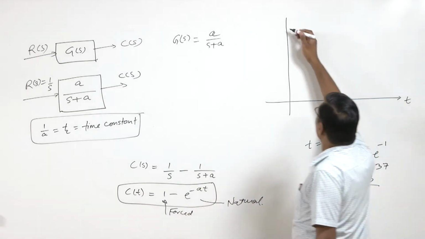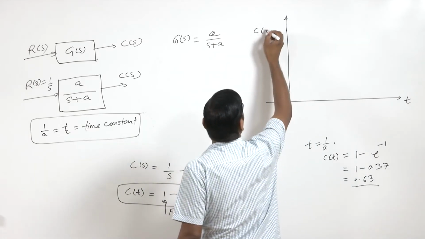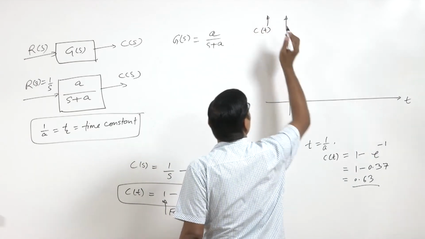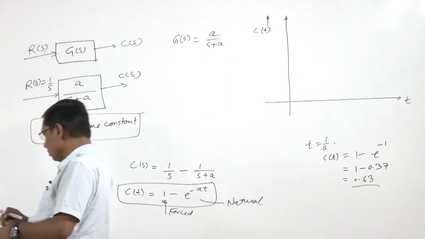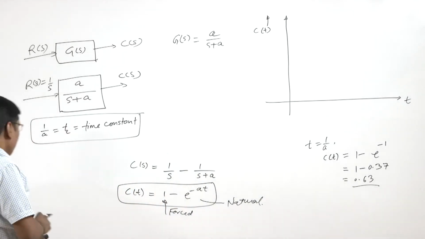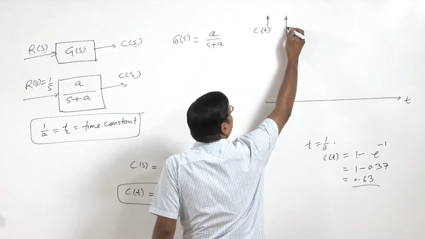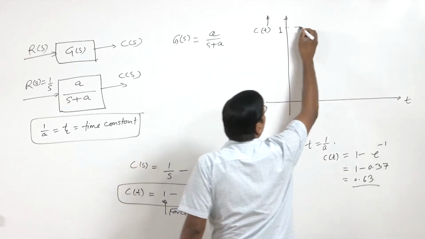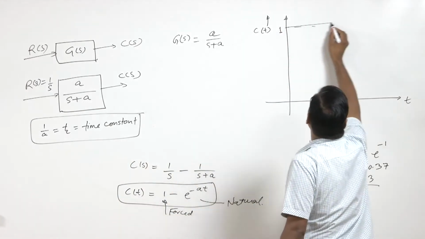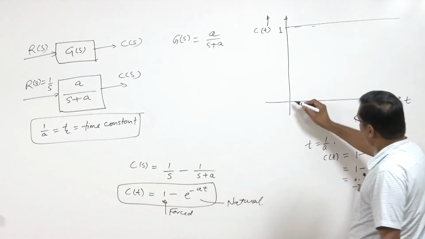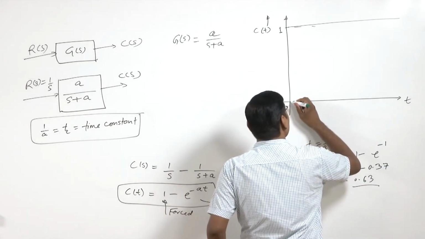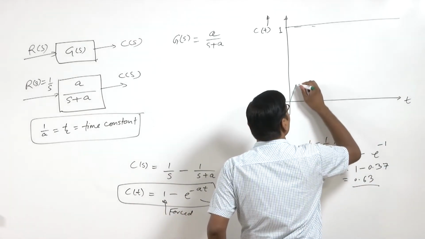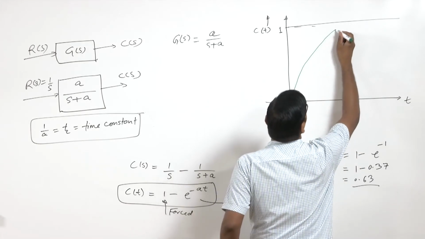So, this is time and this is the response c(t). If this is 1, the input, and here we have this response.